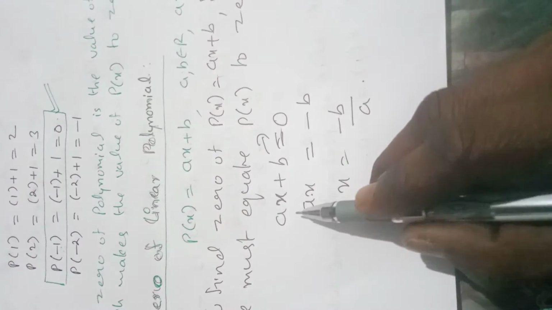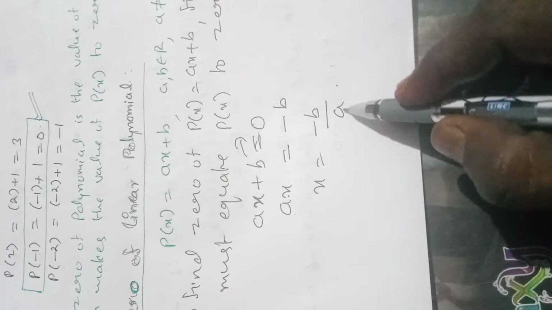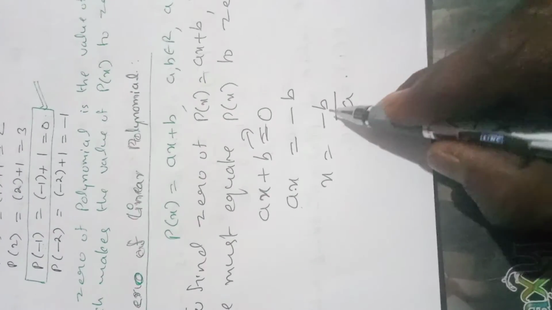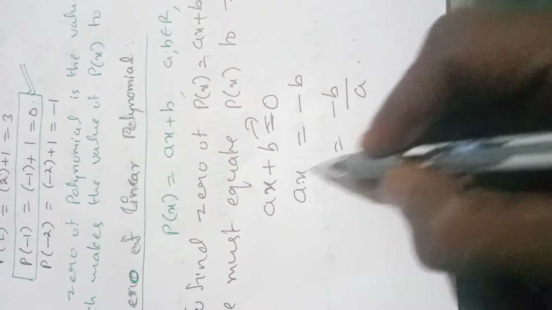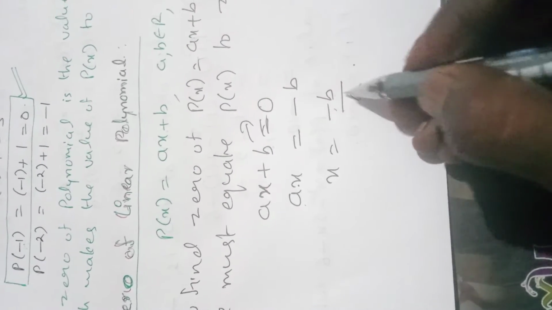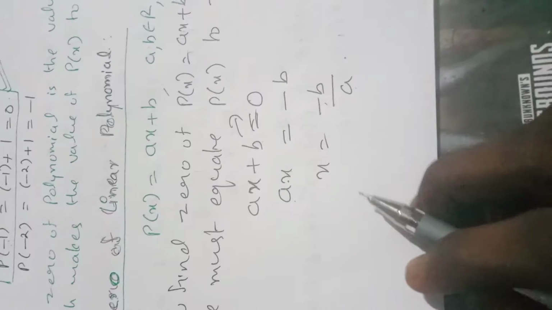It is a solution of ax plus b equal 0, right? So the solution always satisfies the equation. That means if I substitute x equal minus b by a in this LHS part, where the x is there, then you will get this whole value as 0. We can verify it.